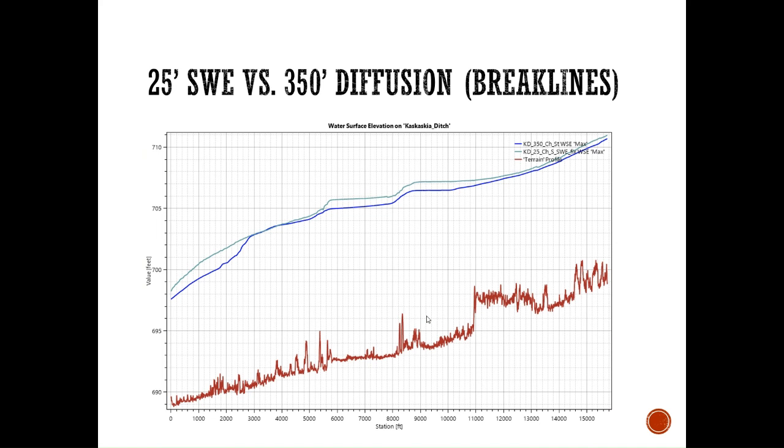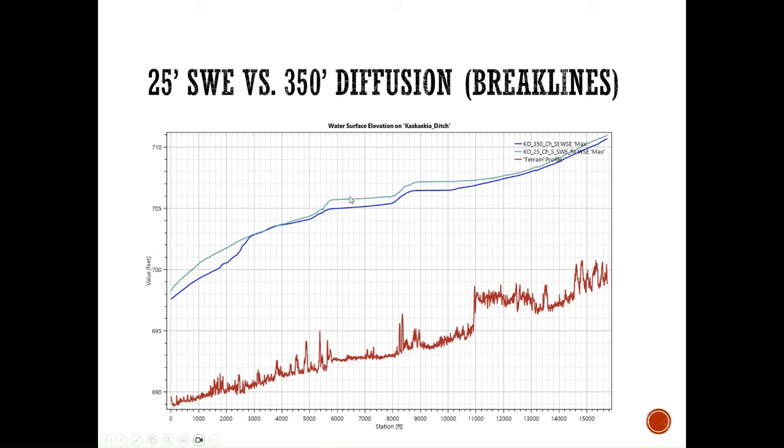So I just wanted to revisit this comparison again. This is the 25-foot full momentum equation profile shown in the teal here. This blue line shows the 350-foot diffuse wave equation profile with all the break lines enforced. So again, this is showing the difference between the mesh cell sizes and the different equations.